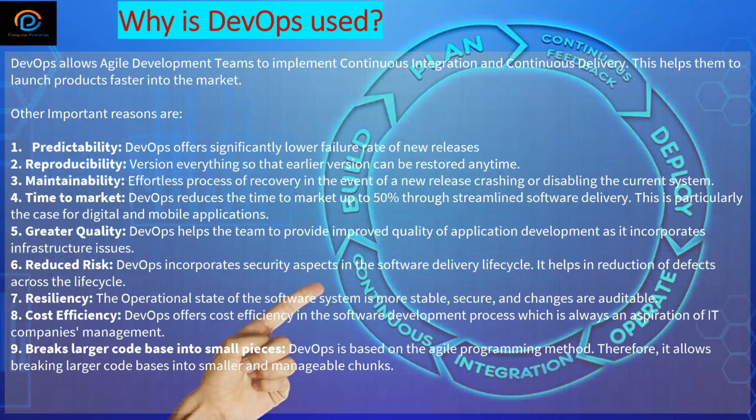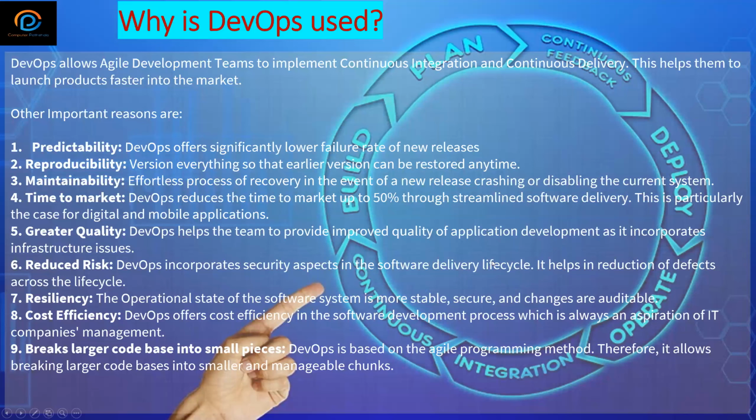Now, reduced risk. As I said, using DevOps you get automation. Using DevOps, you can handle the SDLC, the software delivery life cycle. It will help you with security as well, and reduce the chances of any defect in the life cycle.